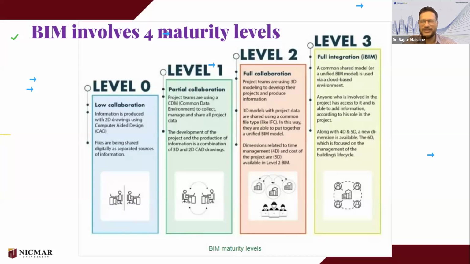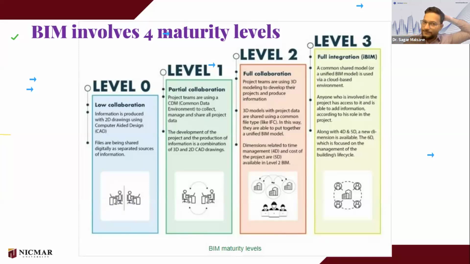Level 2 maturity means full collaboration. That means project teams are using 3D for modeling, as well as sharing models for collaboration. Teams are using IFC as an interoperability format. And in terms of BIM dimensions, they have developed the capability to use 3D clash detection, 4D and 5D, which is at level 2.